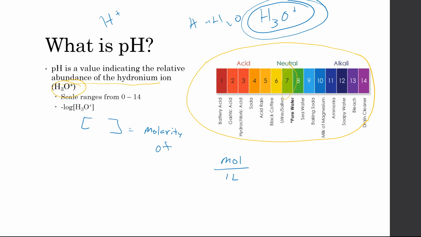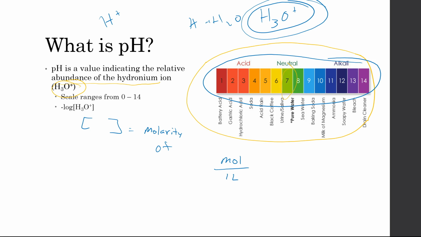So when I talk about the molarity of hydronium, how many moles of hydronium are there in 1 liter of that solution? Okay? And all I do is I take that molarity, I go negative sign, log, and then whatever that molarity is, and that'll spit out a number, right? And that number should most often fall within this range of 0 to 14. All right? Now, we'll get into that math here in just a little bit.